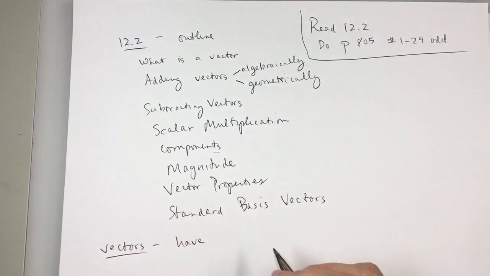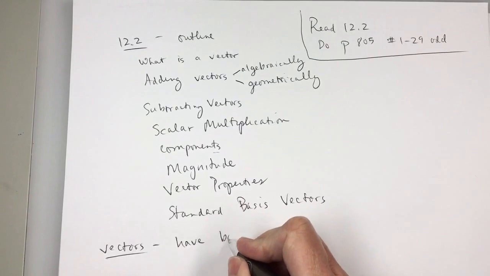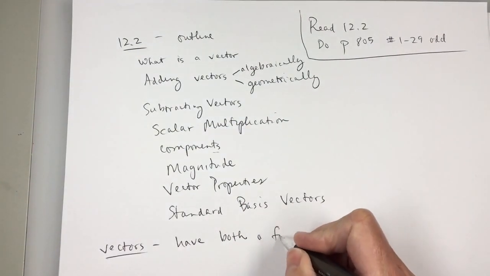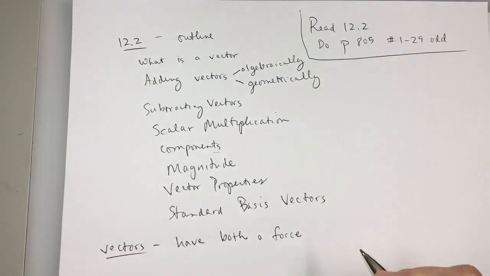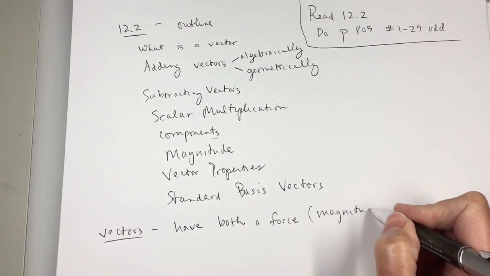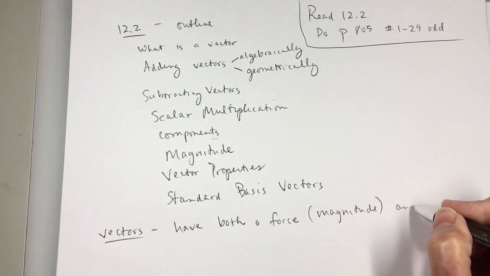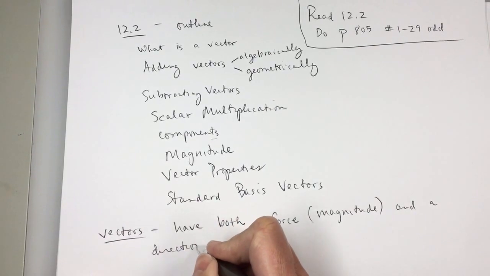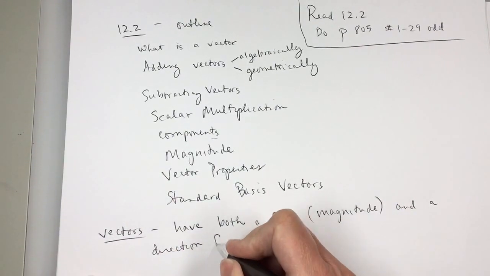This would be just kind of a property of vectors. They have both a force, which would be a magnitude, and a direction for the force.